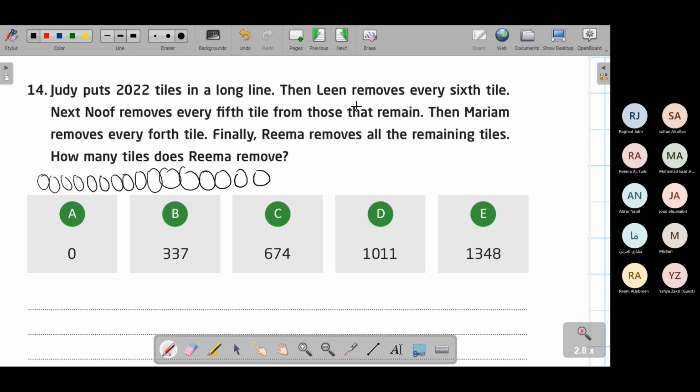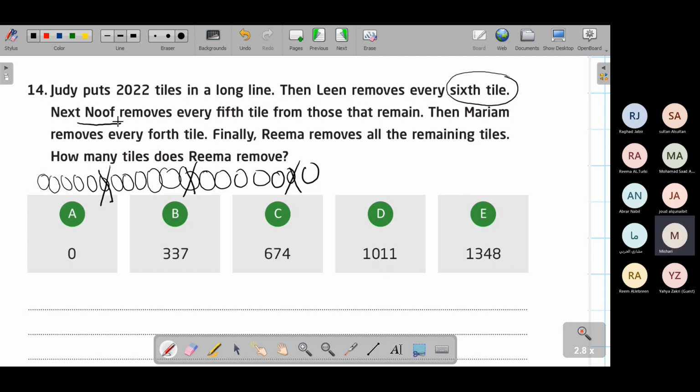She counts 1, 2, 3, 4, 5, and 6. Then 1, 2, 3, 4, 5, and 6. Then again 1 to 6. They remove the tile number 6.